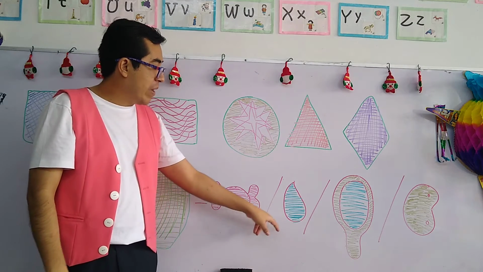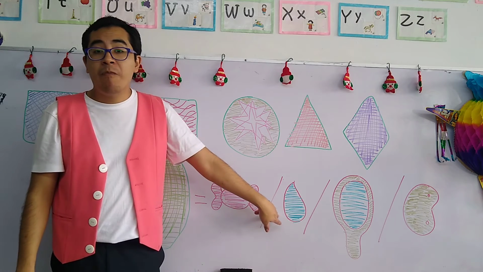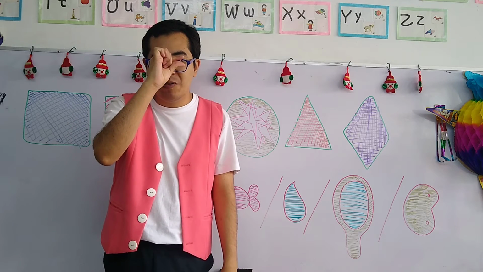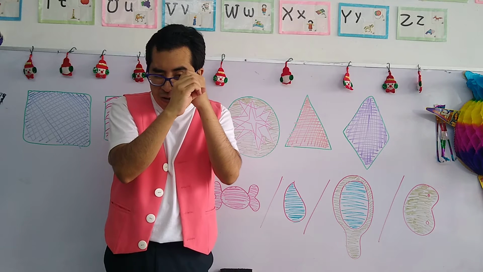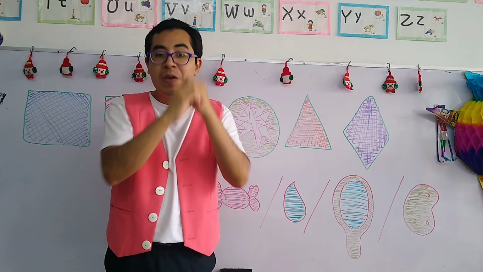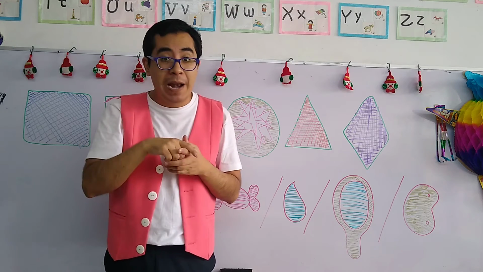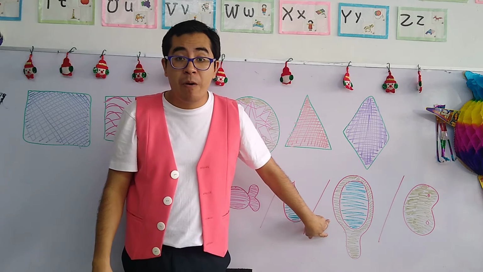Okay, then we have a drop of water. Now the drop of water, again, it's very, very tiny, extremely small, but if we look at it through a microscope, si lo vemos por un microscopio, we can see that it has the shape and form of an oval. We have the drop of water, we have a mirror.